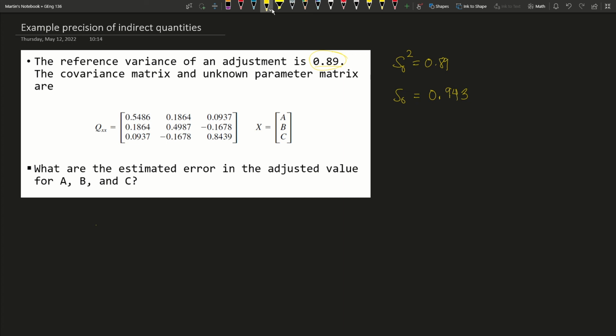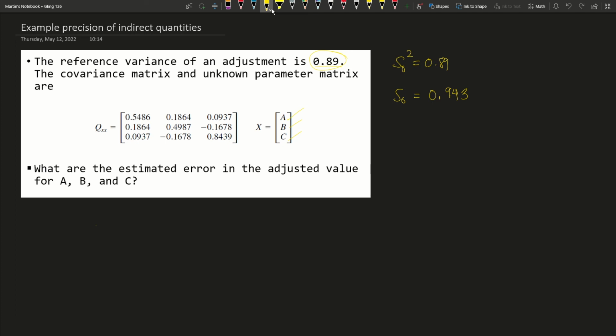So to determine the estimated standard deviation of the unknown parameters A, B, C: in least squares, we determine the best estimate of A, B, and C. Here, we will determine the estimated error of the adjusted values A, B, and C. Think of it this way: you have your error prior to adjustment, then technically you will have an error after the adjustment.